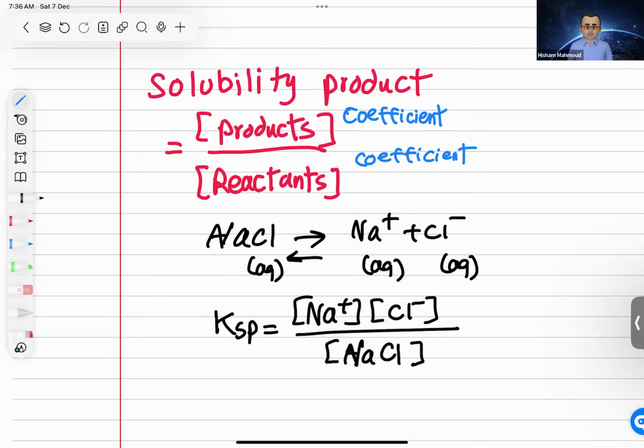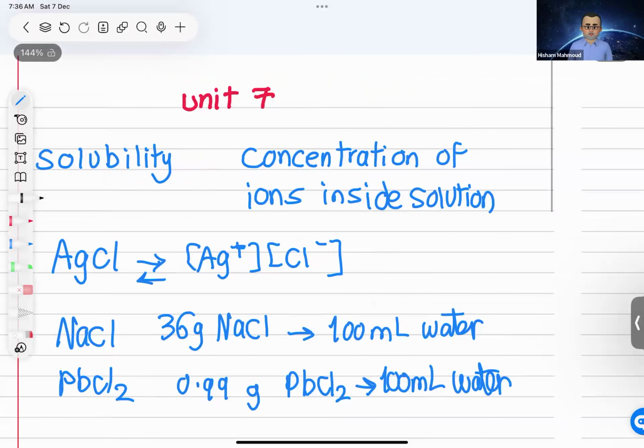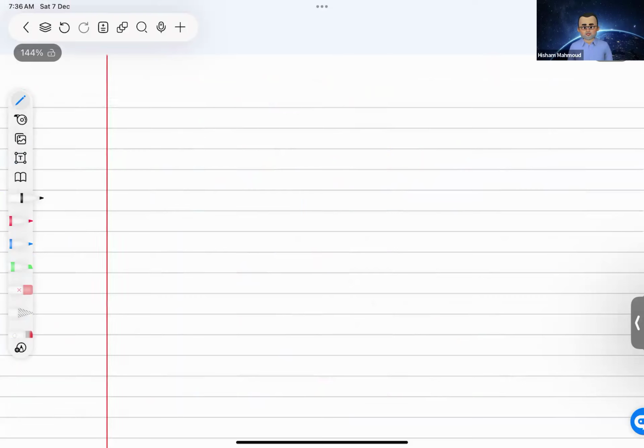If I have something which is less soluble, it will also follow the same rule. In equilibrium we apply the expression to gases, and here we will apply it only to the aqueous solution.